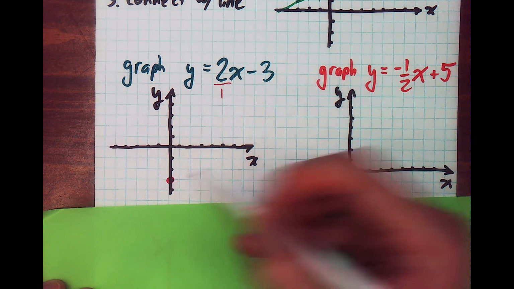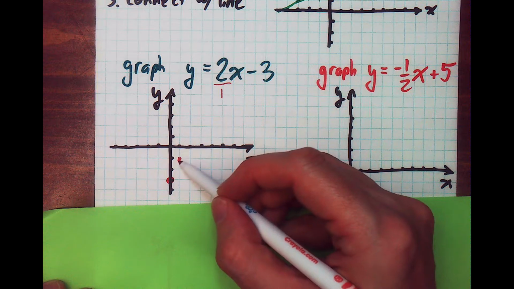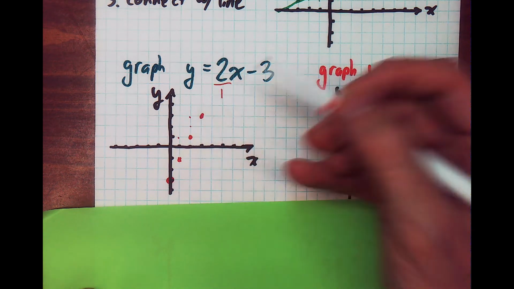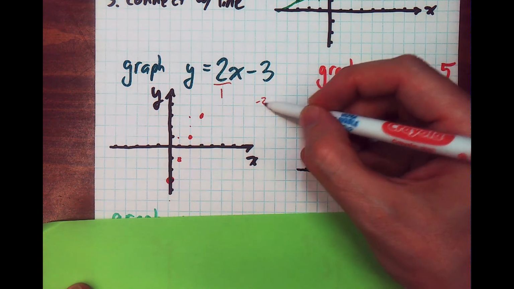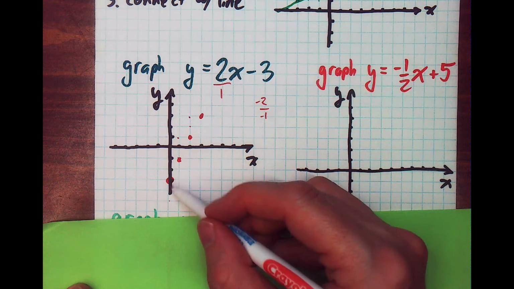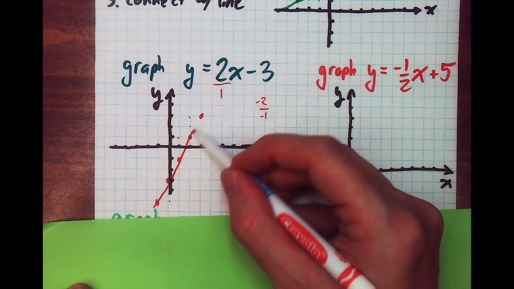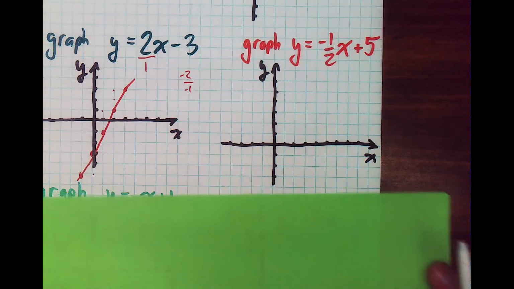So my y-intercept is -3. My slope is rise 2, run 1, and again, and again. And I can go in the negative direction. I could rise -2 and run -1, and it's still in the same line. That was kind of a bad line, but I think you get the idea.